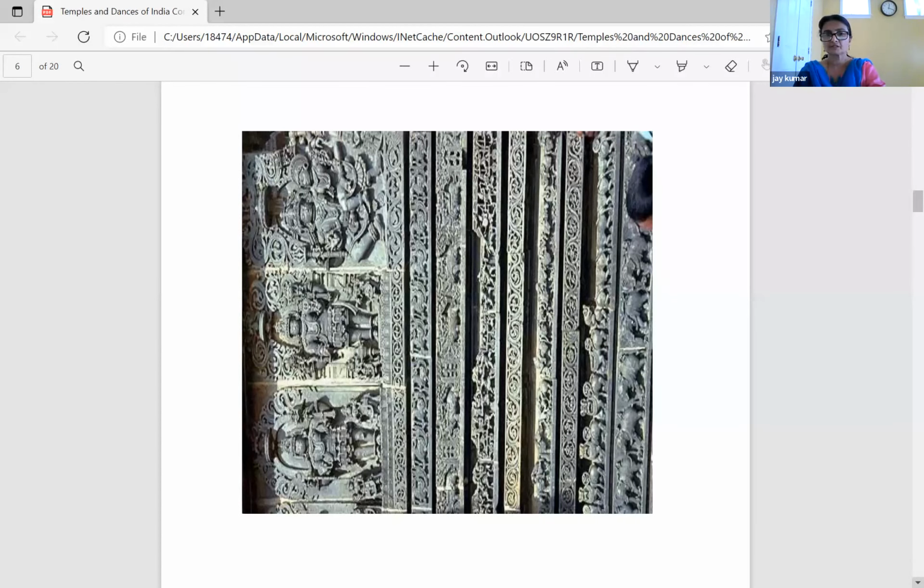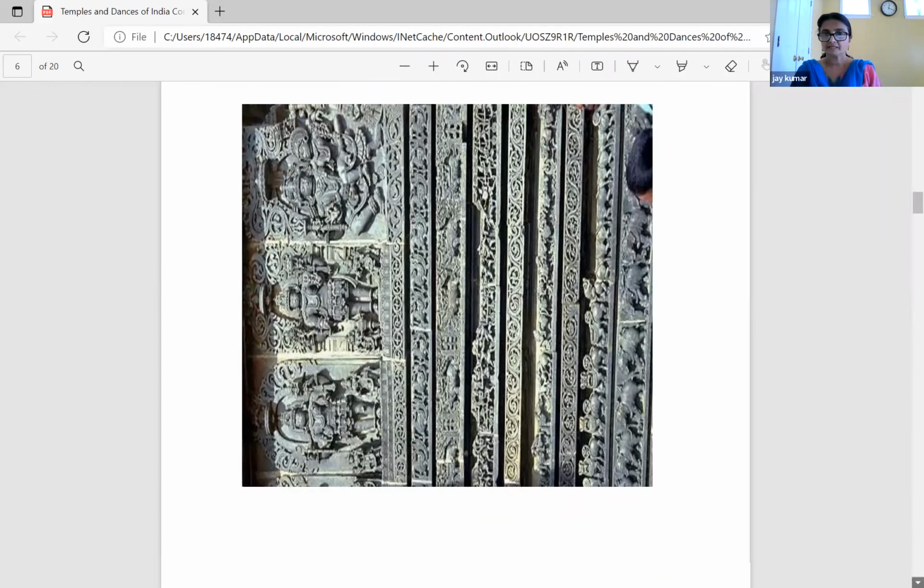Each elephant is different from the other. Either his trunk is up or his trunk is down, one foot is up, one foot is down, etc. So that is how well the sculptor and his team have carved these temples on the outside wall. Next, please.